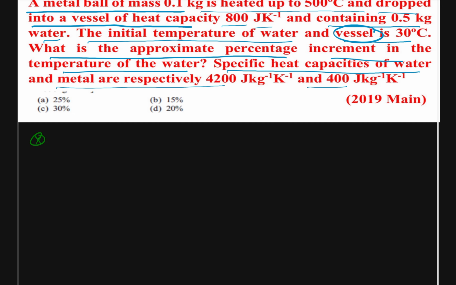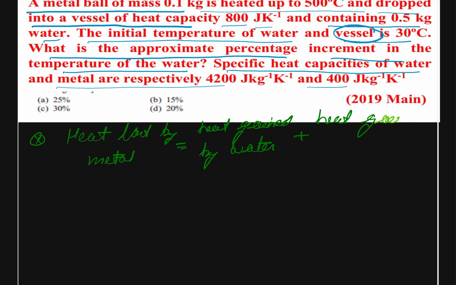So you can say heat lost by metal will be equal to heat gained by water plus heat gained by vessel.